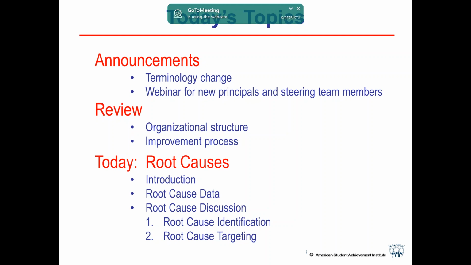The first part is just identifying what the root causes are, and then we're going to look at each root cause a little more deeply to see, is this something that's getting in the way of reaching your goals for all students, or is it just for some students, like your free and reduced lunch students or your boys or whoever? So we're going to find your root causes, and then we're going to drill down those root causes a little bit more.